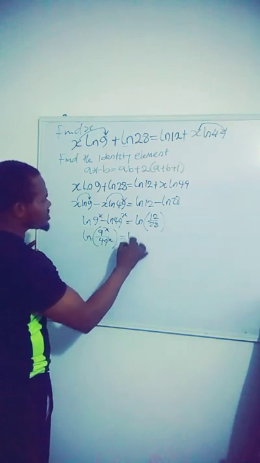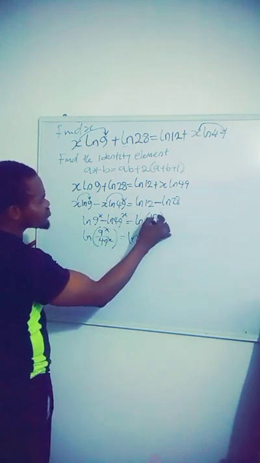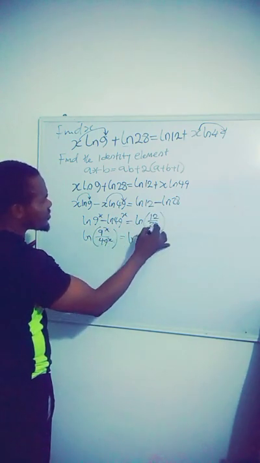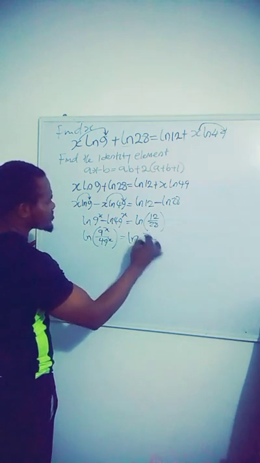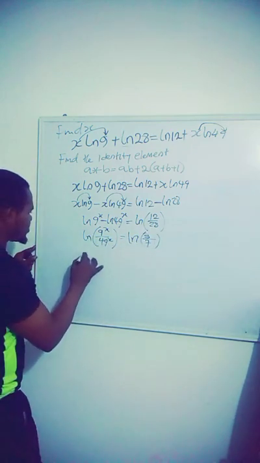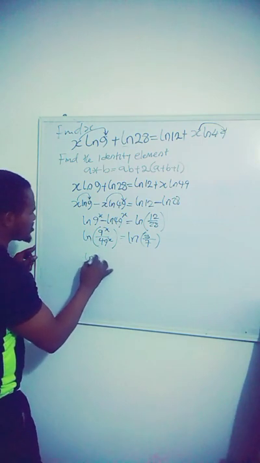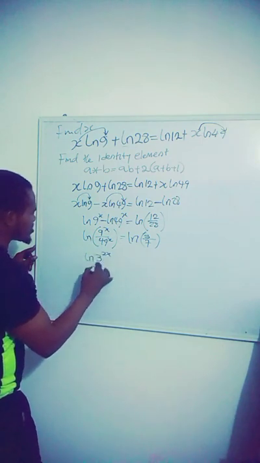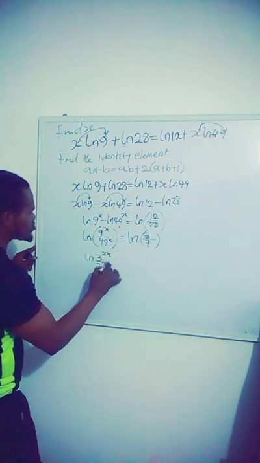That will give us ln 12 minus ln 28, where 12 is 4 times 3 and 28 is 4 times 7. Then here, we can also say ln 3 raised to power 2x over ln 7 raised to power 2x.